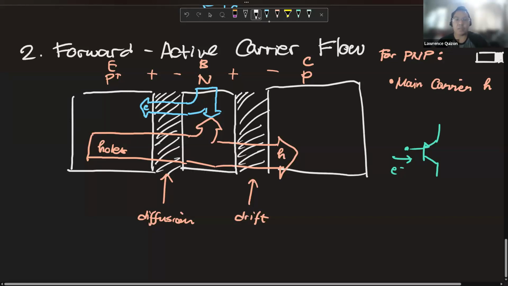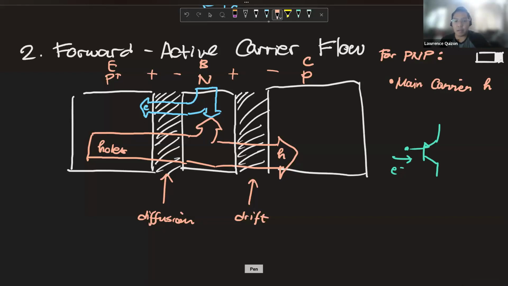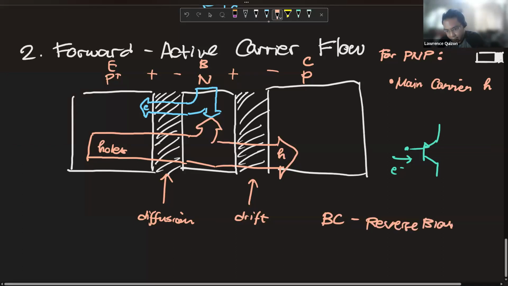So the final part of this diagram is actually here, no? Kasi sabi natin, the BC junction is reverse biased, right?